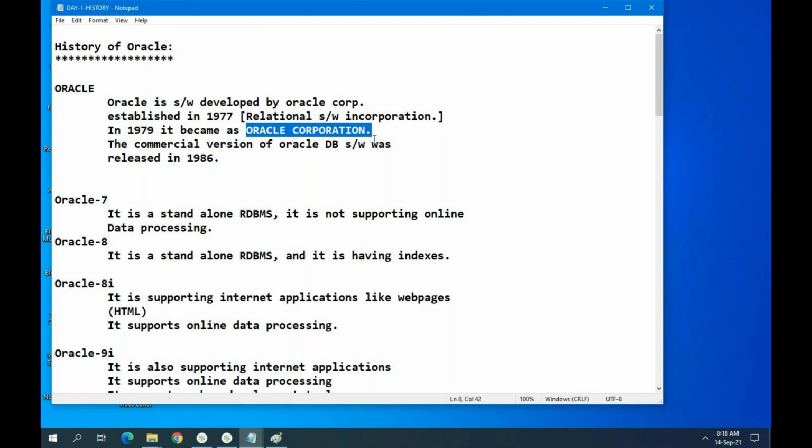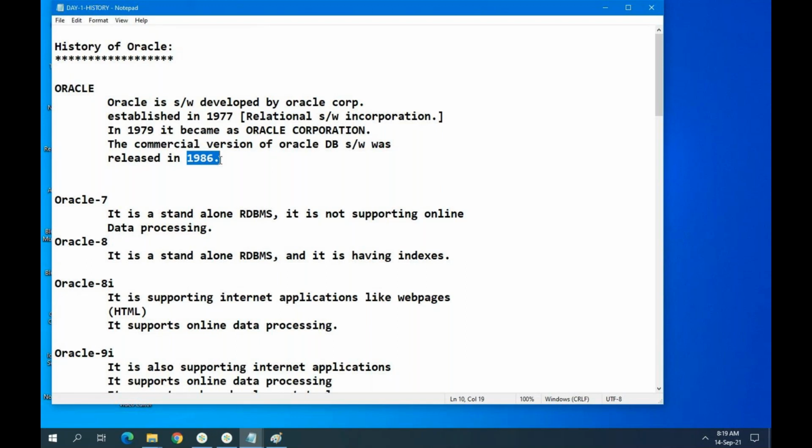From the year 1979, they were releasing database versions 1.0.1, 1.0.2, 2.0.1, like that. One by one they released versions from 1979 onwards. But until 1986, for 7 years, the Oracle database was not popular with the public.